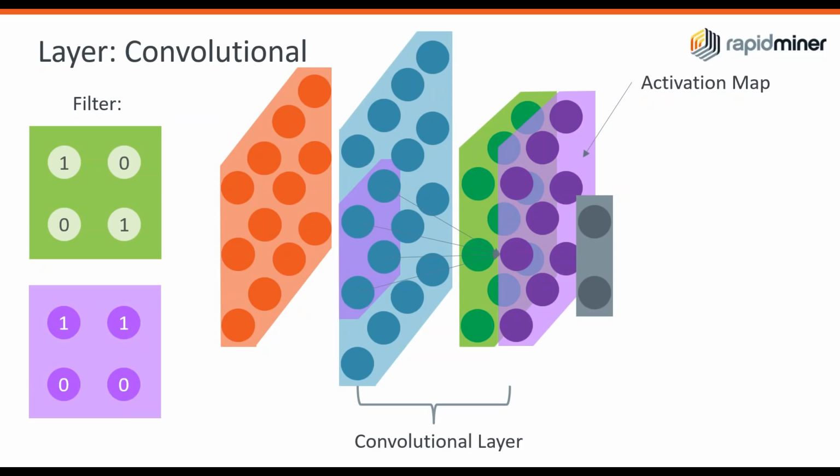You can specify how many filters you want, say 96 filters, and this would leave you with 96 activation maps. This collection of one layer, which is used for scanning, and the activation maps you get from moving this filter over this layer, is called one convolutional layer.